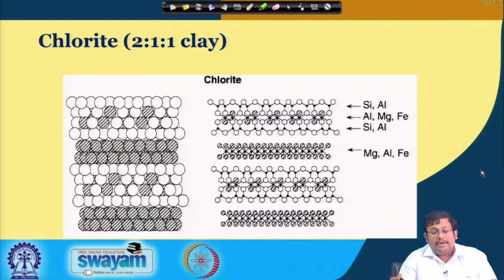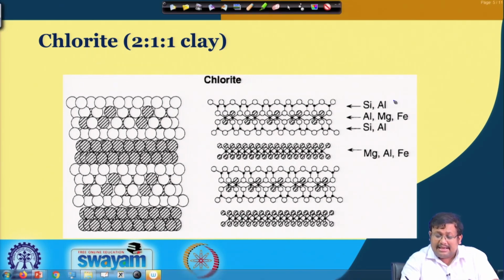So, if we move ahead and see the structure in detail, this shows the detailed structure of chlorite. As you can see, this is the oxygen atom followed by either silicon or aluminum, because here some tetrahedral substitution is also occurring.